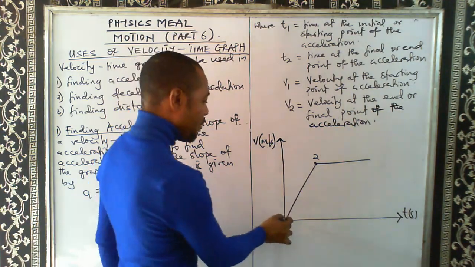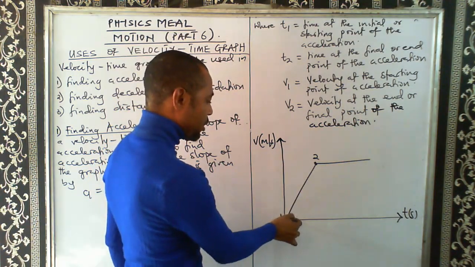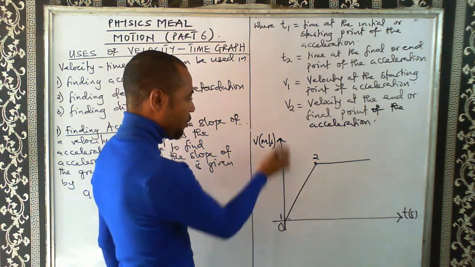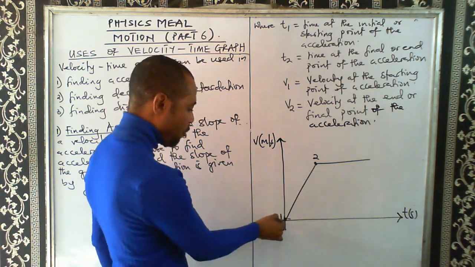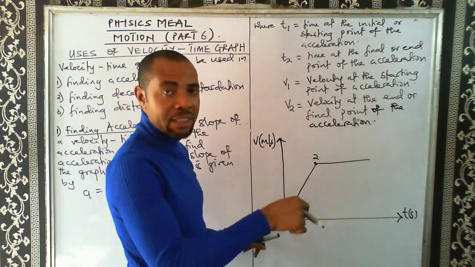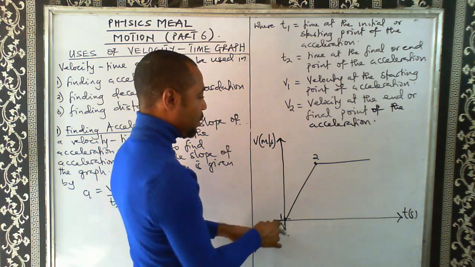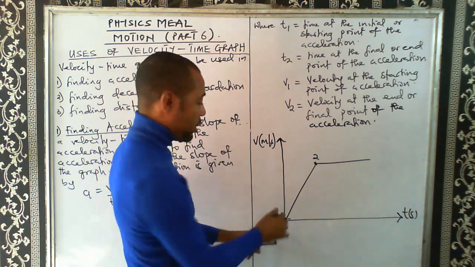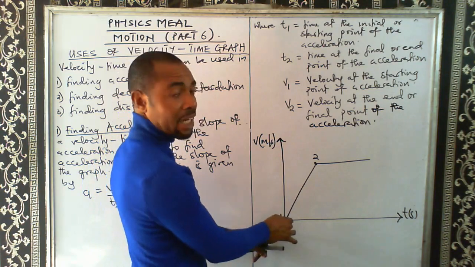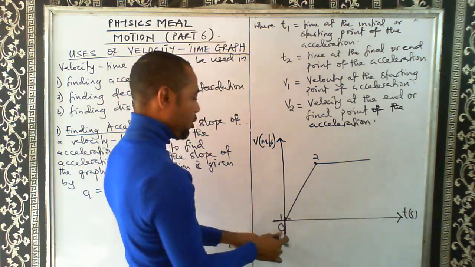So what is the velocity at the starting point? Move to the vertical axis, because velocity is on the vertical axis. You notice it is 0. What is the time at the starting point? From that same point, move to the horizontal axis, because time is located on the horizontal axis.